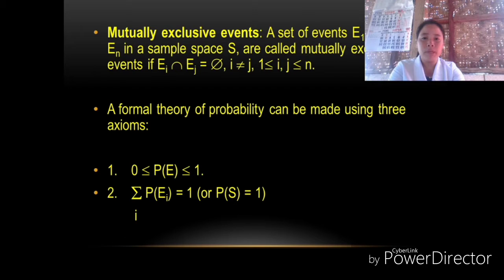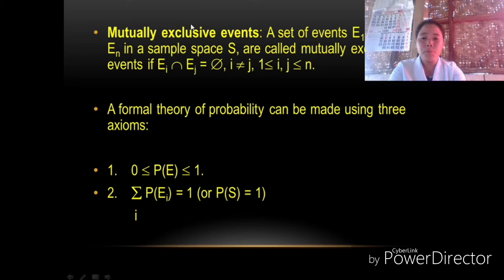Mutually exclusive events: a set of events A sub 1, A sub 2, up to A sub n in a sample space are called mutually exclusive events if A sub i intersection A sub j equals the null set, i is not equal to j, where 1 is less than or equal to i, j is less than or equal to n.